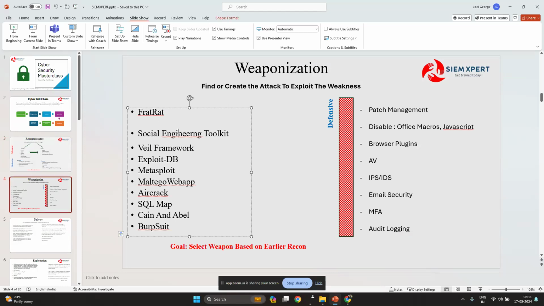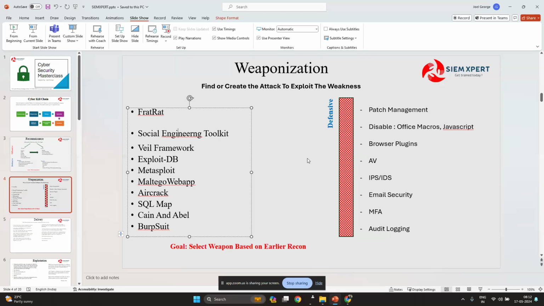And the tools I've listed here are certain tools which can be used from a red team or threat actor perspective to create a weapon to facilitate his actions.